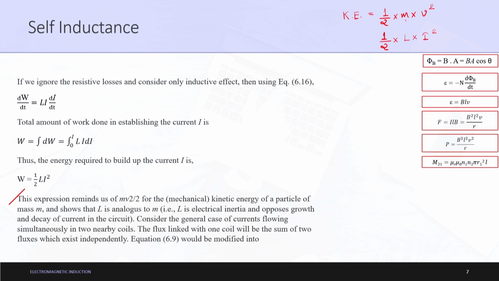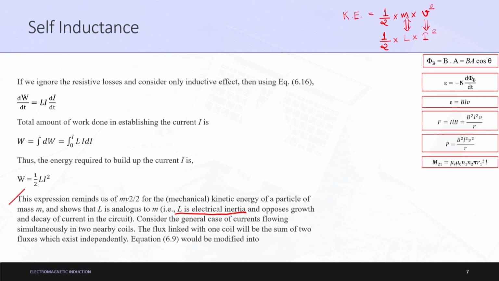So, what is the analogy here? In place of mass we can use the concept of self inductance, and in place of velocity we can use the concept of current. That is written here, and shows that L is analogous to m, that is L is electrical inertia, and m is mechanical inertia.